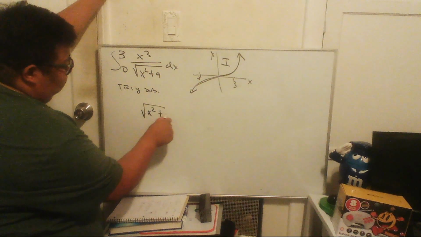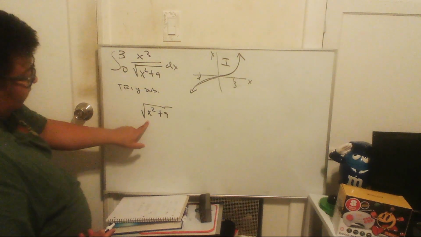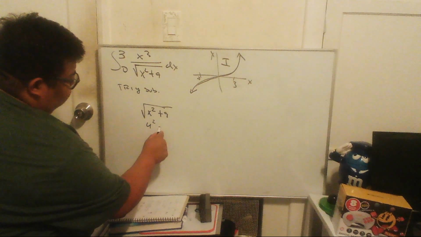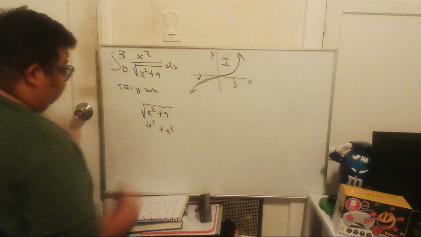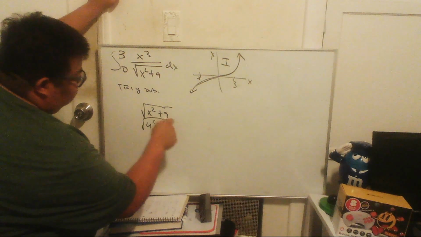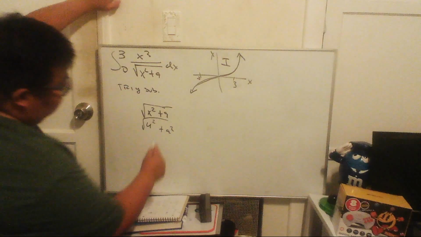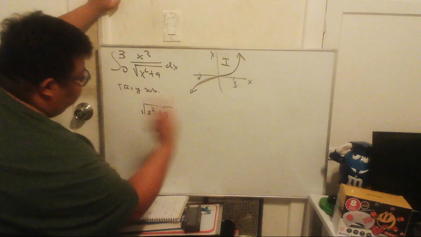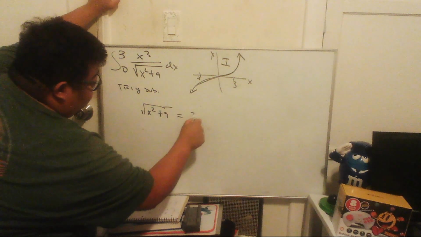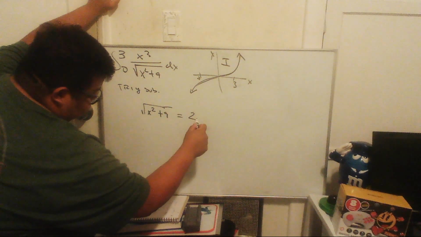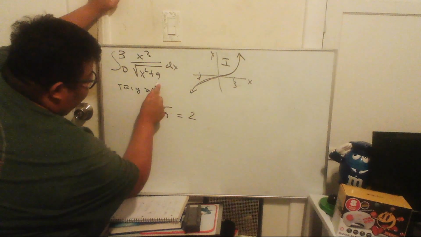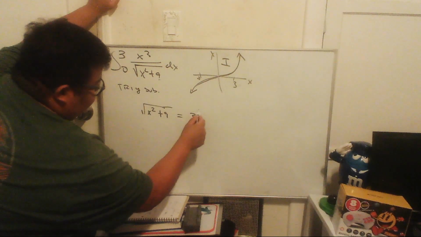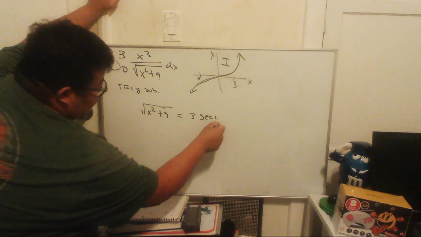This pattern here, u squared plus a squared, under the square root, becomes, once you change to d theta, a squared is 3 squared, so it will be 3 secant theta.